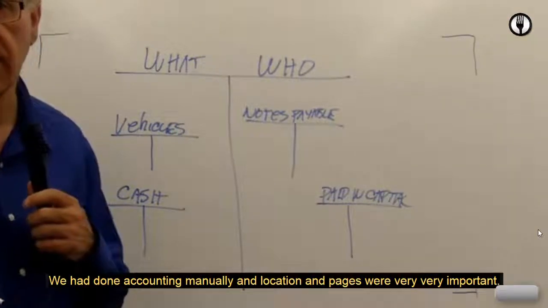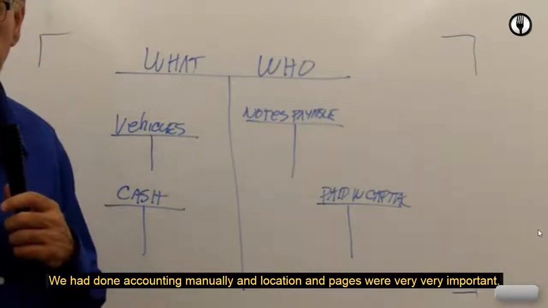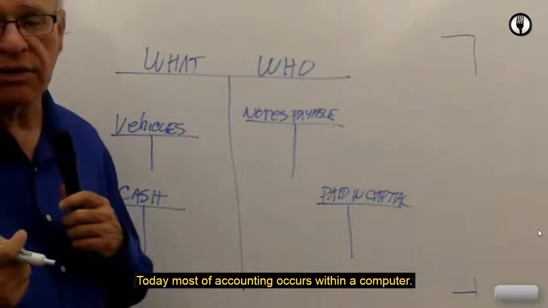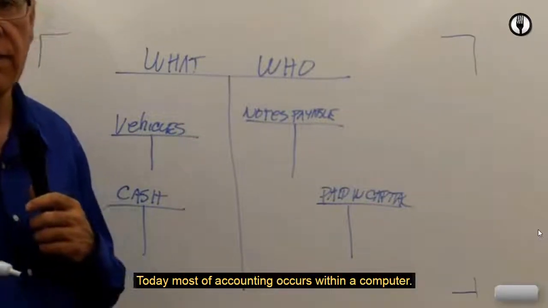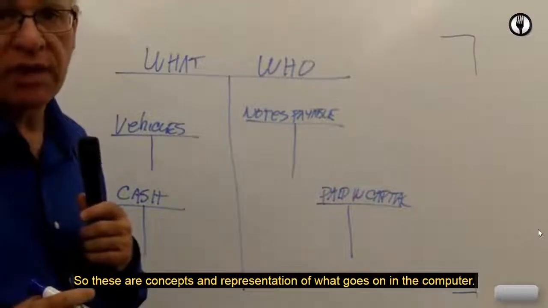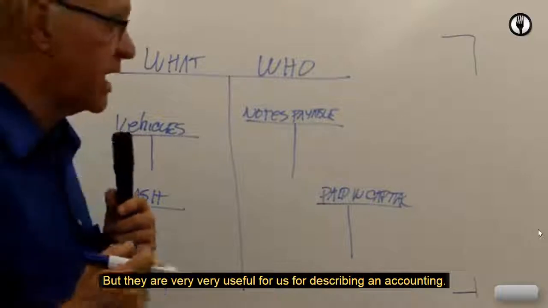We did accounting manually, and location and pages were very, very important. Today, most of accounting occurs within a computer. So these are concepts and representations of what goes on in the computer, but they are very, very useful for describing accounting.